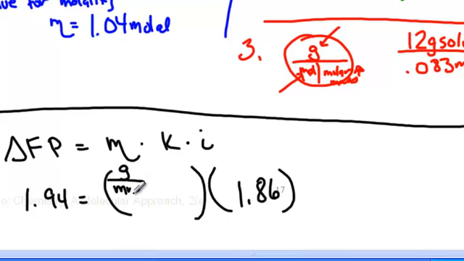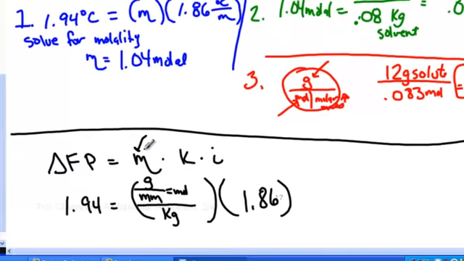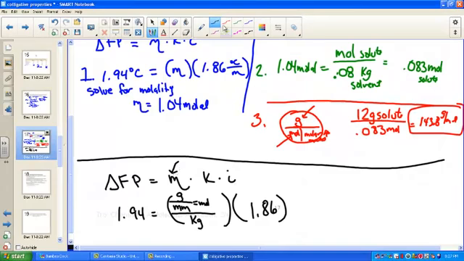Grams over molar mass is a mole, per kilogram of solvent is little m. When I have molality, I really can see the target variable hidden in it: grams over molar mass per kilogram of solvent. This whole thing is little m, molality of solution.